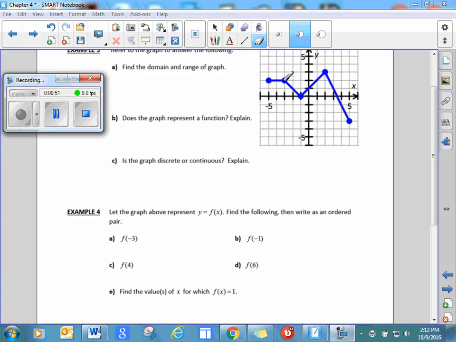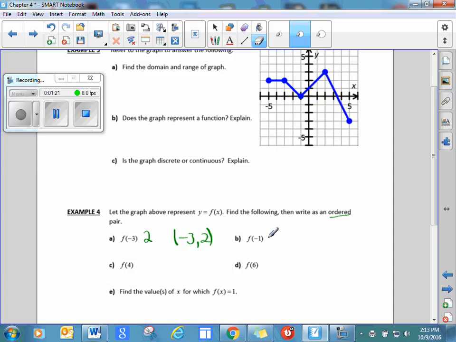We have to go up to get to the Y value, and the Y value is at +2. So if this will write, +2 is the answer to what is f of -3, and it also asks you to write it as an ordered pair. So we will have our input of -3, and our output of +2. I'm doing this with the mouse, so that's why it really looks disturbing.